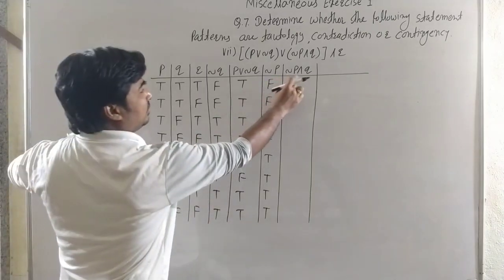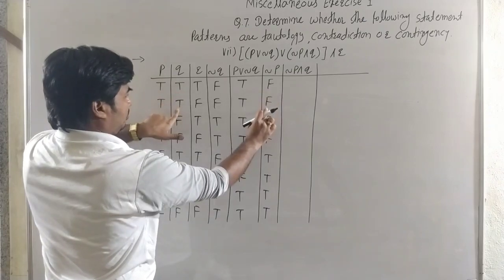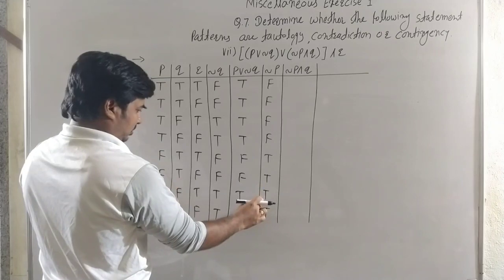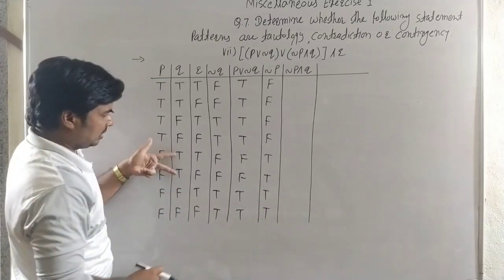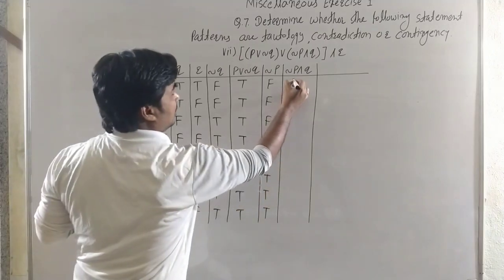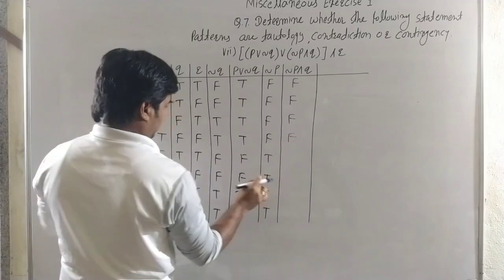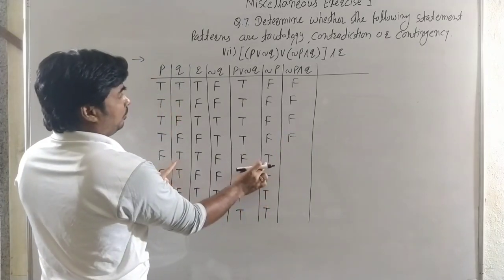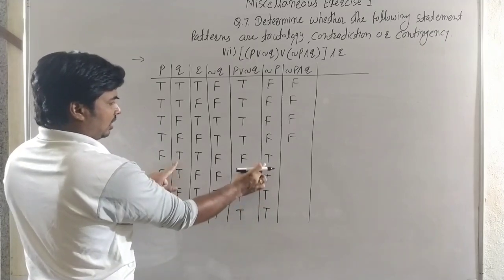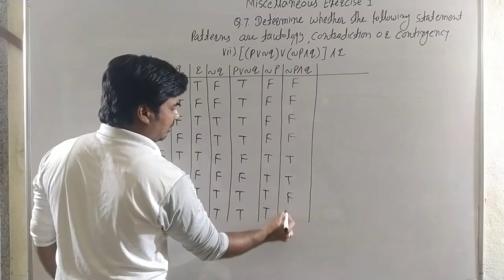Here only the fifth and sixth are true and all others are false. When both are true, then the result is true.